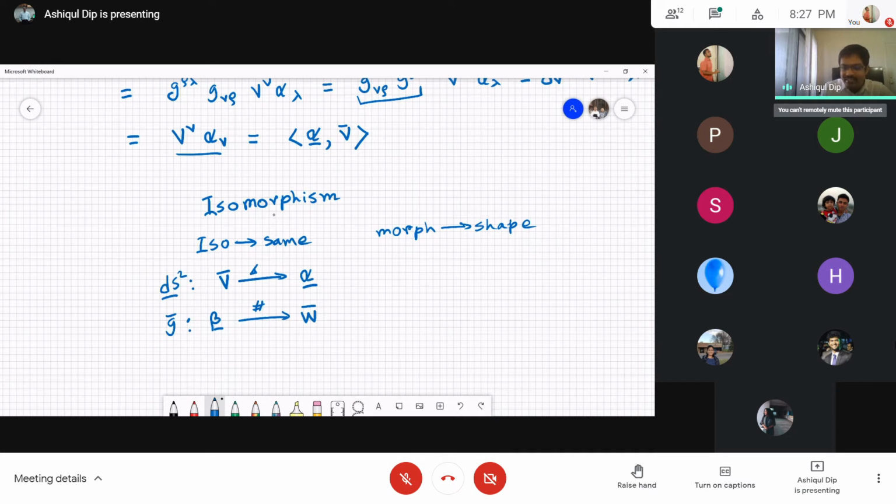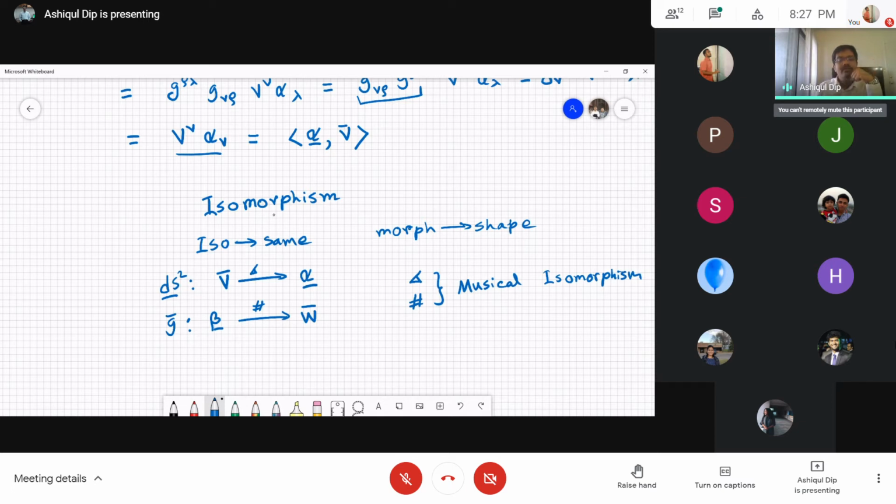These objects, flat and sharp, are known as musical isomorphism. It's an isomorphism, and these notations are taken from music, so that's why it's called musical isomorphism.